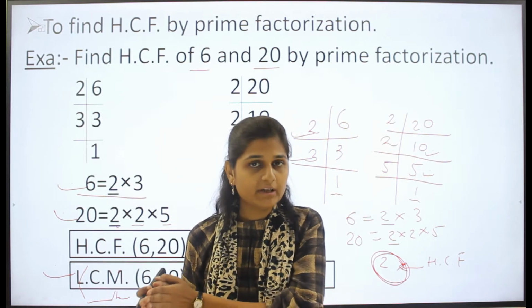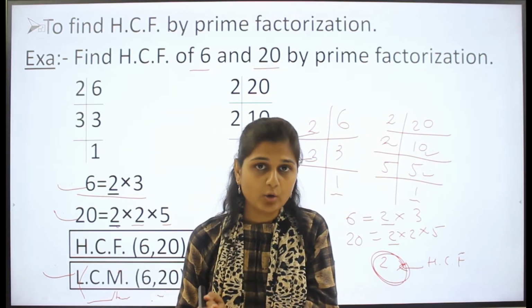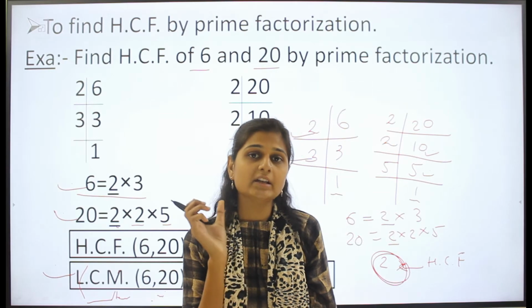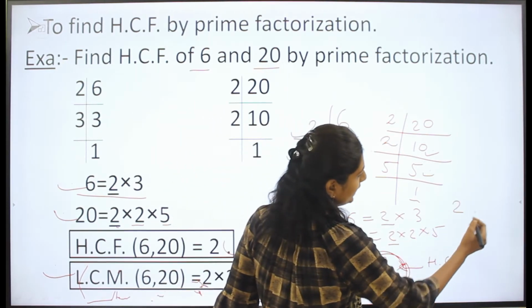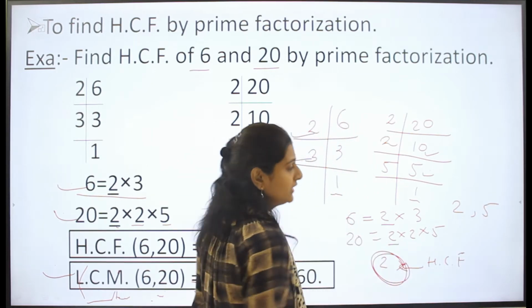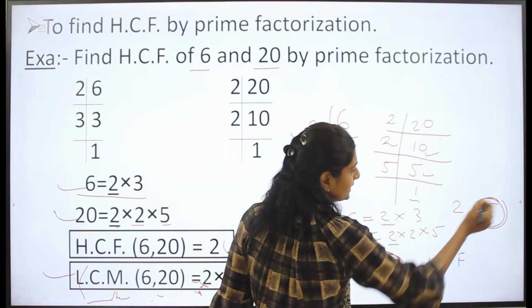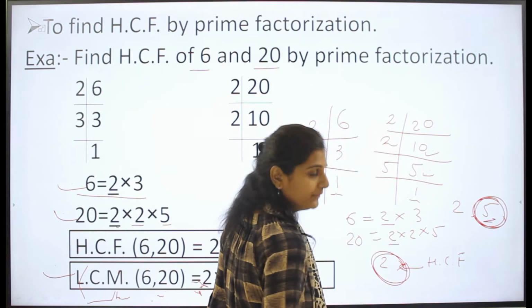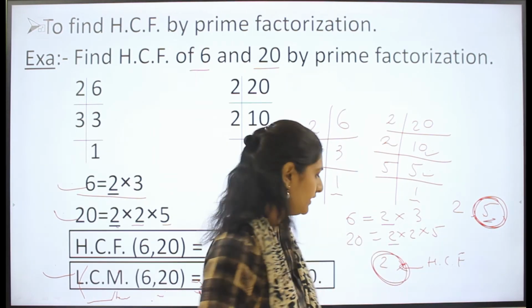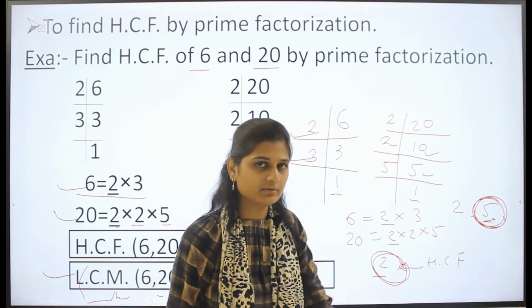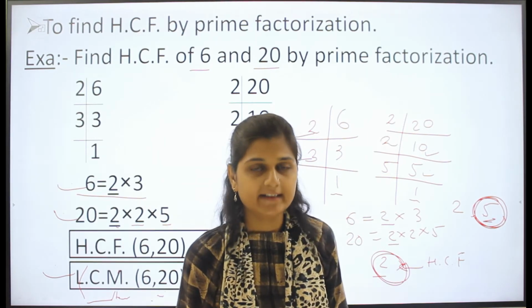We take out the factors, then the common ones, and then the highest value. If I am getting common values 2 and 5, which value is highest among these? That is 5, so that will be our HCF value. Here only one value was there, so that is clearly our HCF.